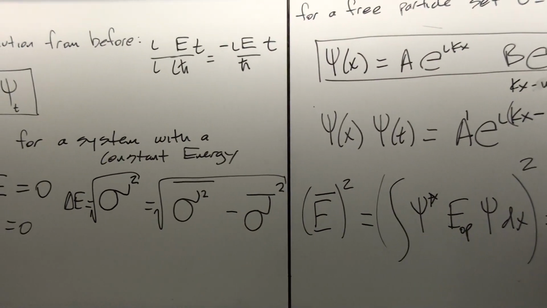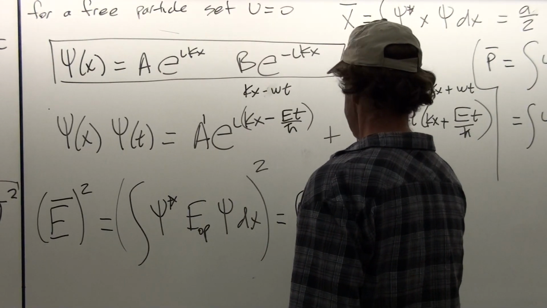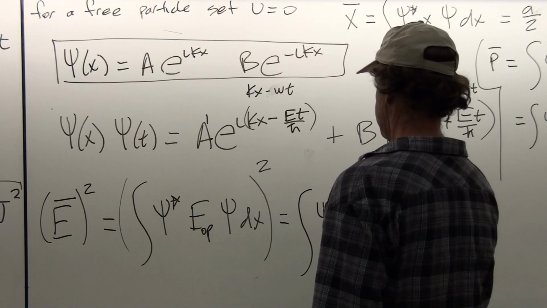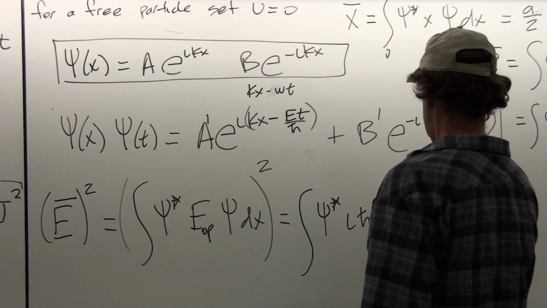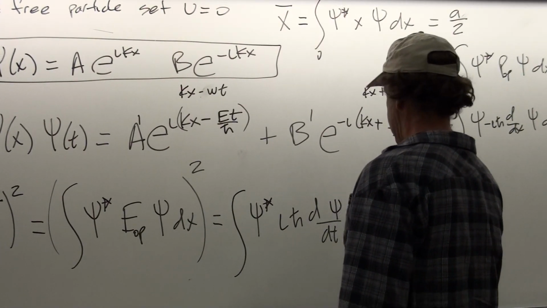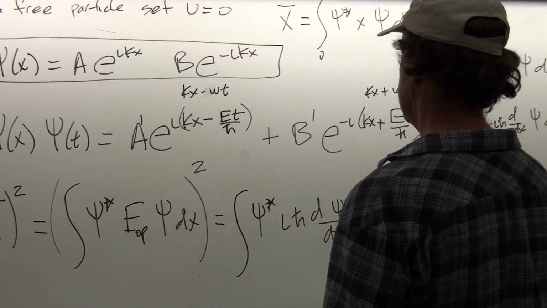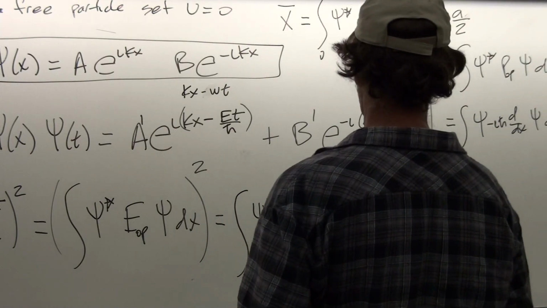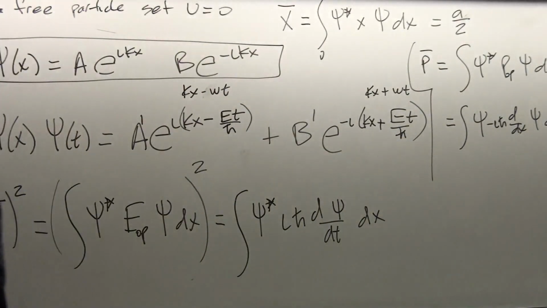This is going to be the integral of psi star times i h bar times d psi dt times dx. And so to find this expression, we need to go back and see, well, what is psi star?